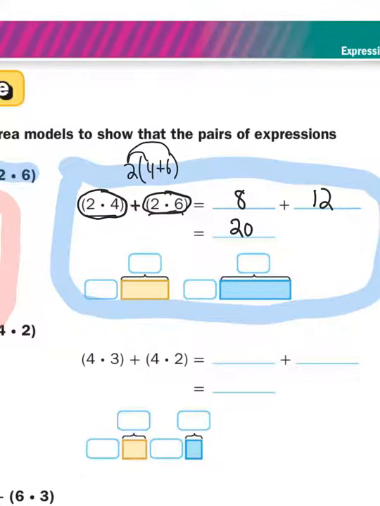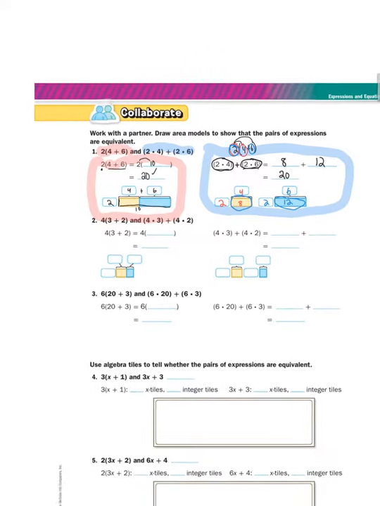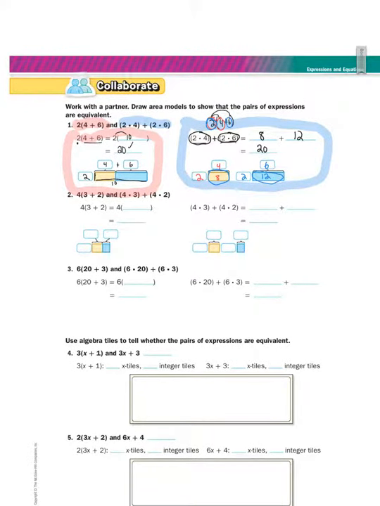That means we took this 2, and that goes there, and we multiplied it by the 4, which is here. And we got 8 for the area. Then we took the 2 again, which goes here, times the 6 this time, which goes here, and 2 times 6 is 12. So to find the total area, we just added the 8 and the 12 to get 20. All right, so I know that's kind of confusing at first, so we're going to go over one more together.